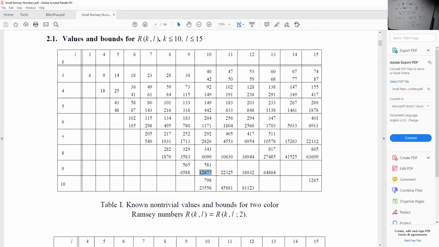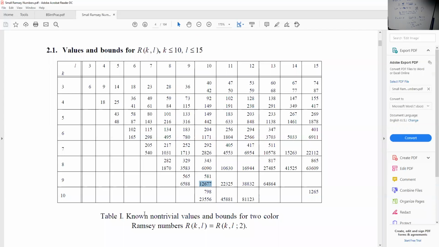We must be using a slightly better bound than that. But that's why this talks about non-trivial values in bounds, because some of the bounds are trivial. They're known just based on these elementary inequalities.